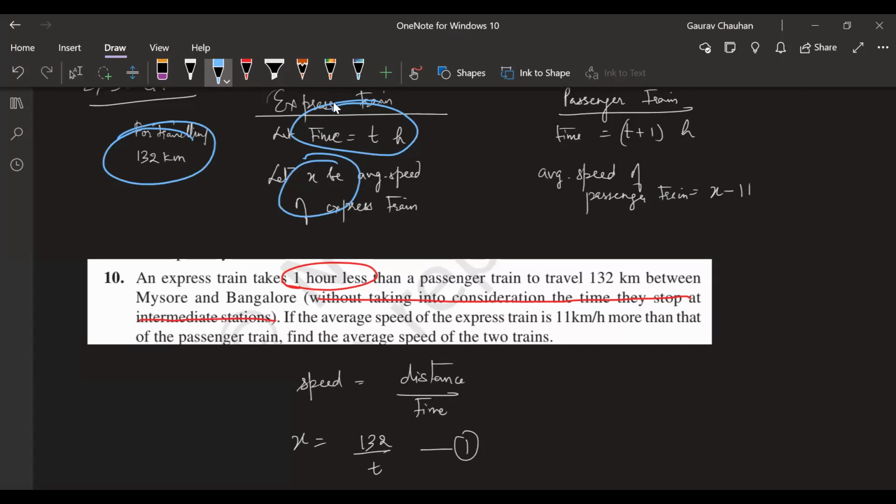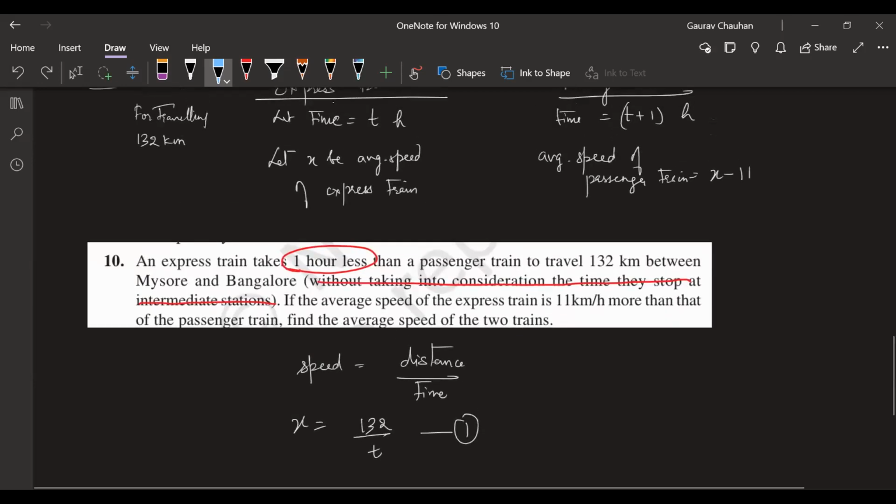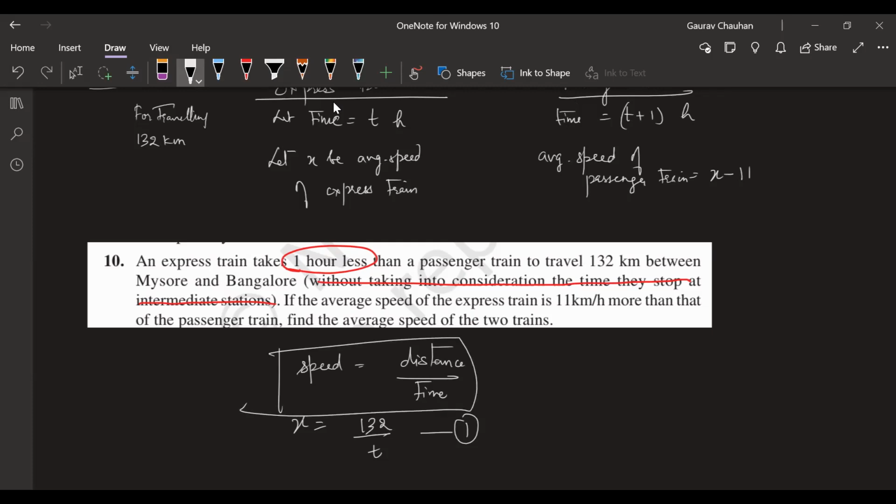Bindu, this is okay? Can you tell me the other equation? Same formula, but another equation will be formed using the passenger train. This is for the express train. Give me the equation that will be formed by the passenger train speed and this time.